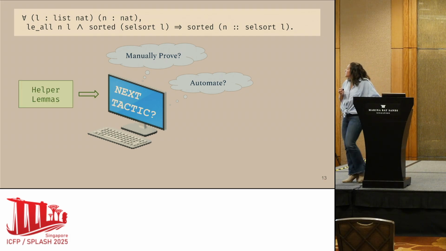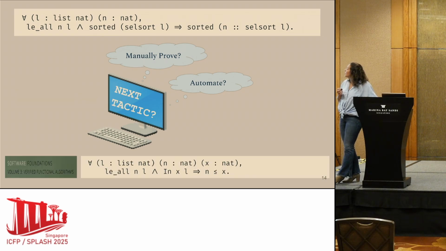And so often these techniques will consider the helper lemmas, and the specific helper lemma that's useful in this context is the following, which states that if you have an element that is less than all elements in a list, and you know that another element is within that list, then the element that is less than all the other elements will be less than the element in that list, which is on the bottom there.